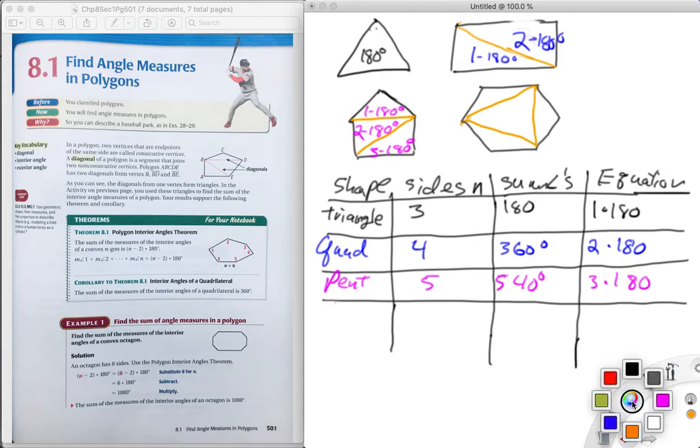And I would have 1 triangle at 180 degrees, 2 triangles at 180 degrees, 3 triangles at 180 degrees, and 4 triangles at 180 degrees.